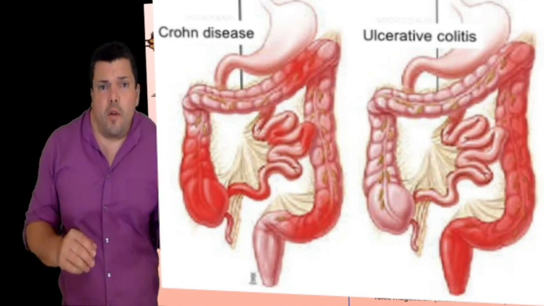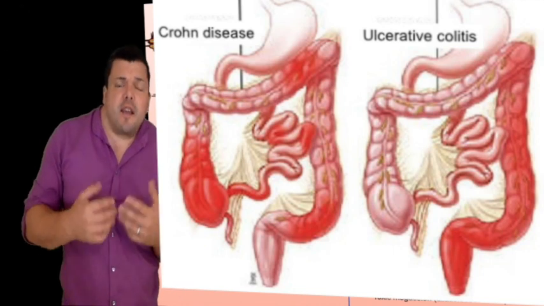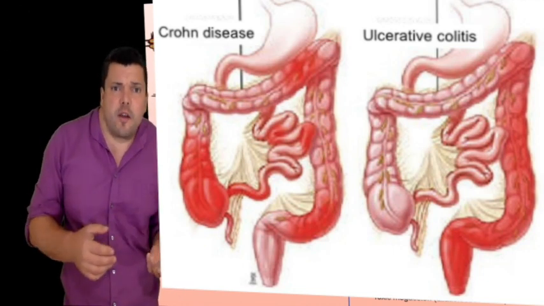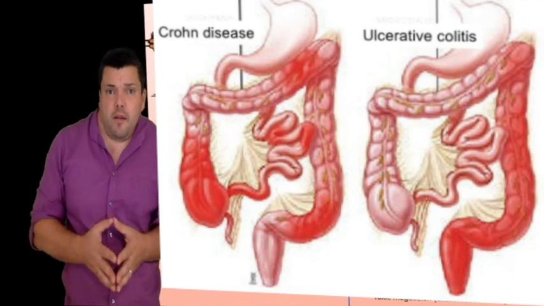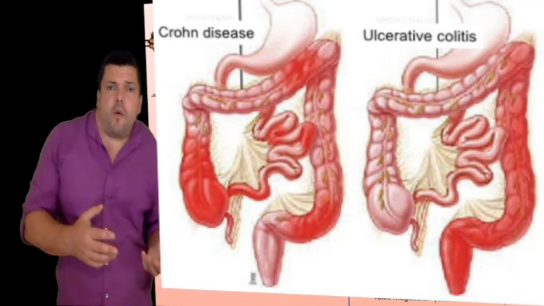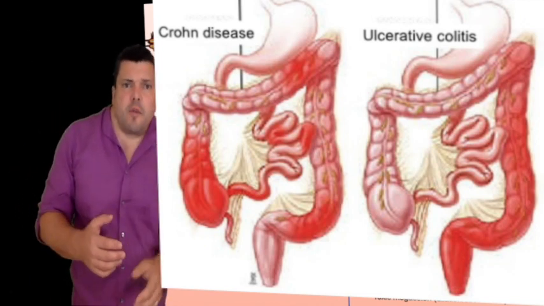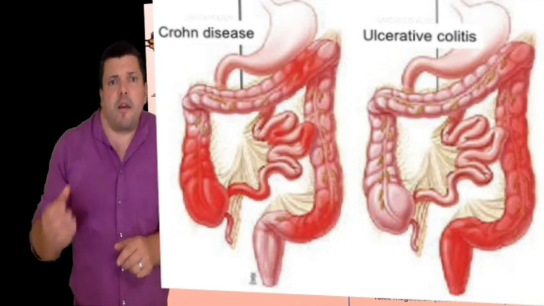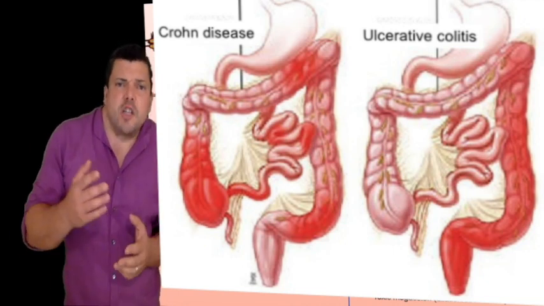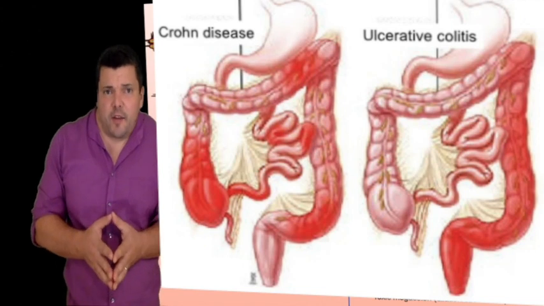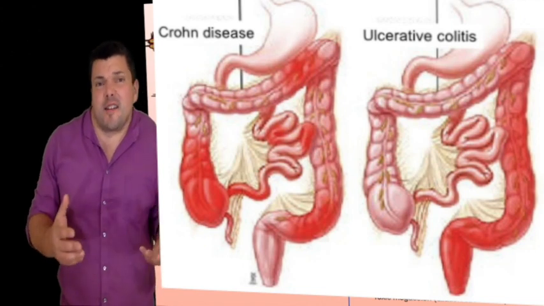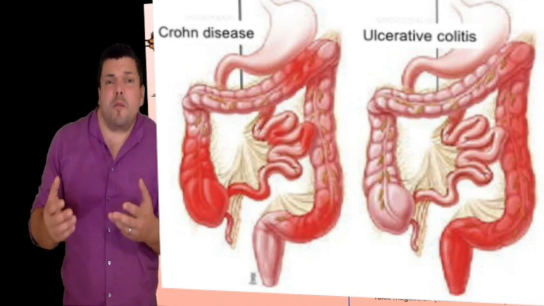Not only the colon, but in some patients, they can have Crohn's inflammatory exacerbations of the small intestine and the stomach. I had a patient years ago who had Crohn's exacerbations in her stomach and duodenum, and she lost the ability to make intrinsic factor, and therefore lost the ability to absorb B12.